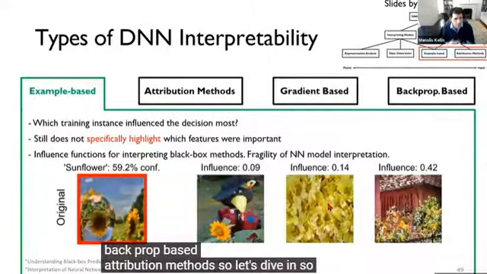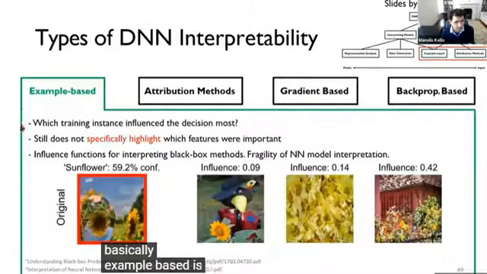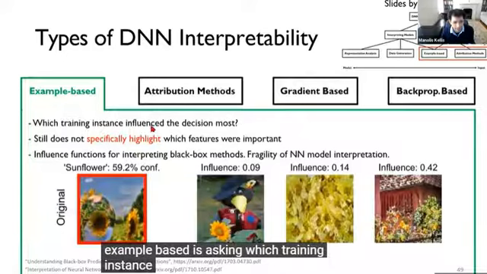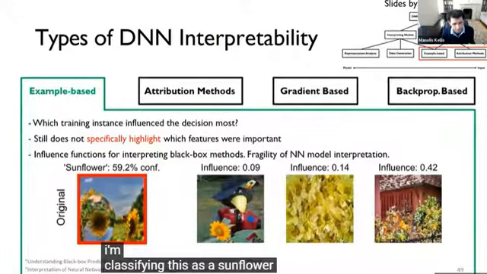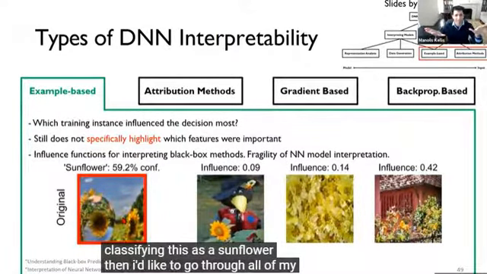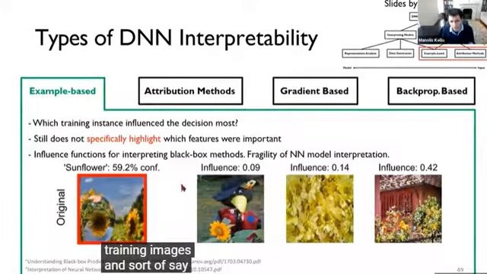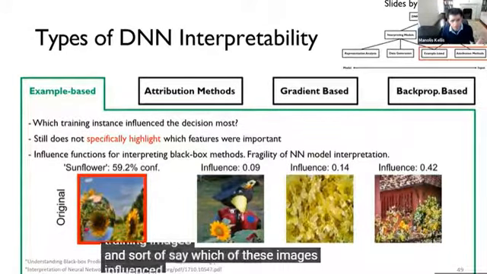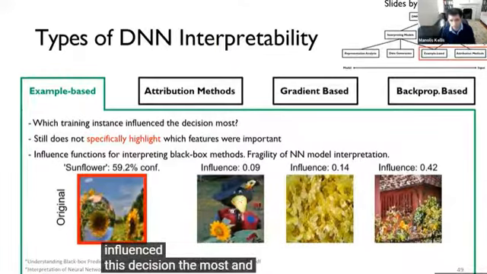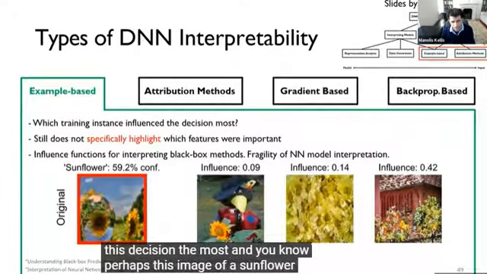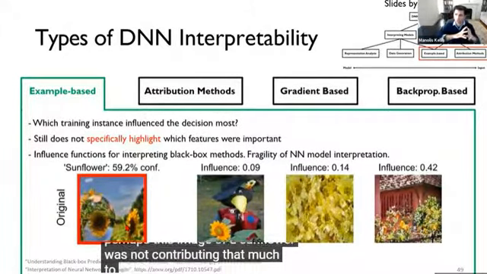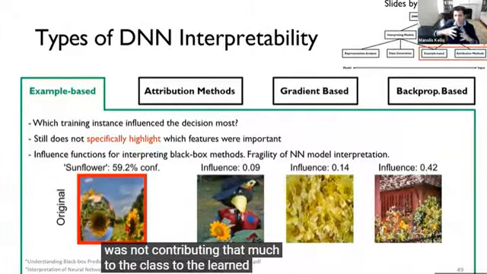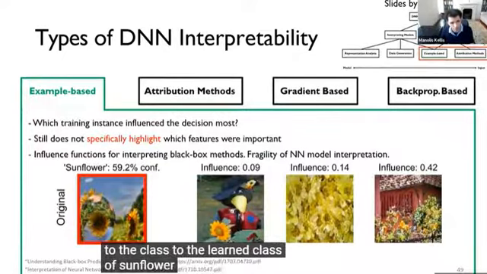So let's dive in. Example-based is asking which training instance influenced the decision the most. If I'm classifying this as a sunflower, then I'd like to go through all of my training images and say which of these images influenced this decision the most. Perhaps this image of a sunflower was not contributing that much to the learned class of sunflower.